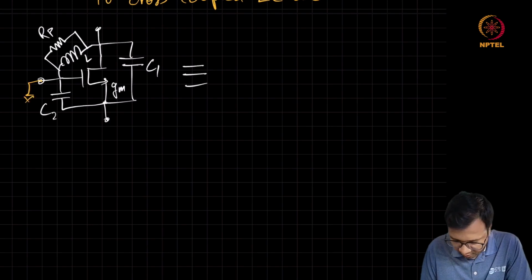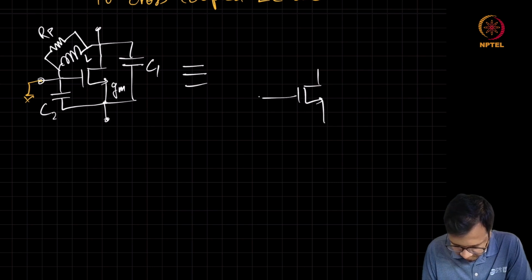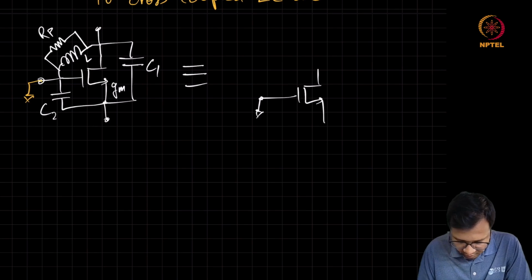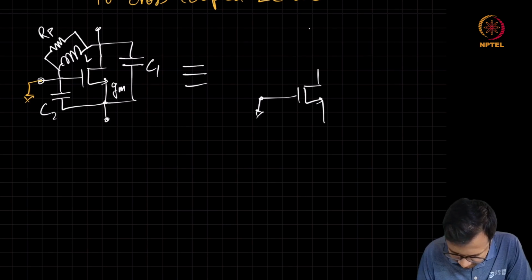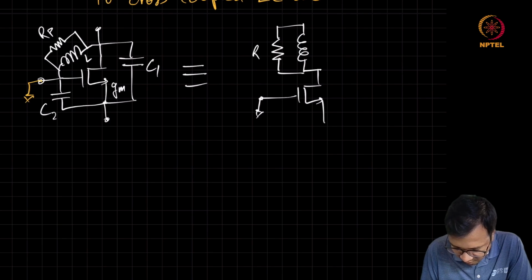The equivalent circuit is going to be, you have a MOSFET, gate is grounded, and this inductor I am redrawing in this manner with its loss Rp in parallel.